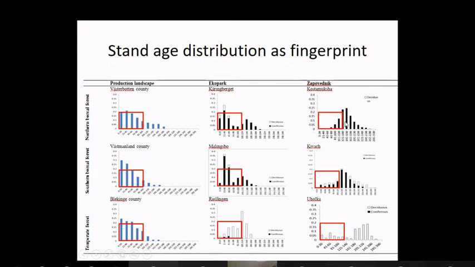So you can see here that in Kostamuksja and Kivach Zapovedniks, the mean age class distribution is between 140 and 160 years. This is a beech forest in the Ukrainian Carpathians, and the most dominating age classes are actually well over 200 years. So this is just to illustrate that age distributions form a very nice fingerprint of what's going on in a forest landscape.